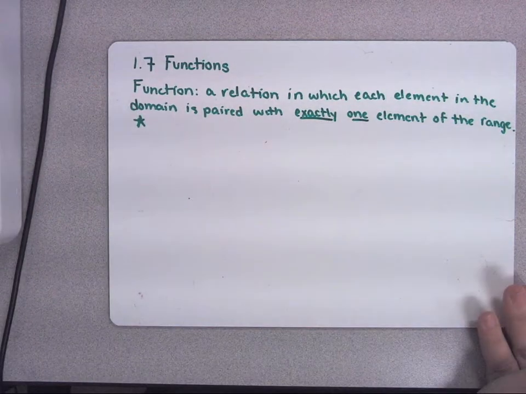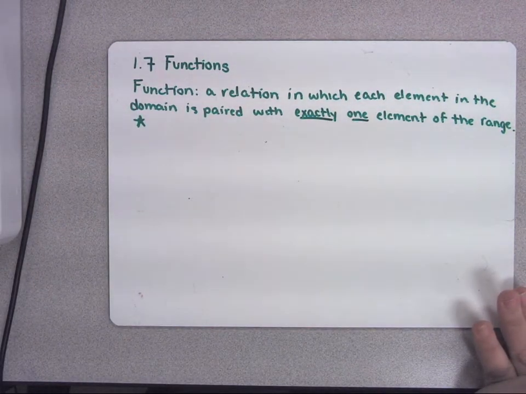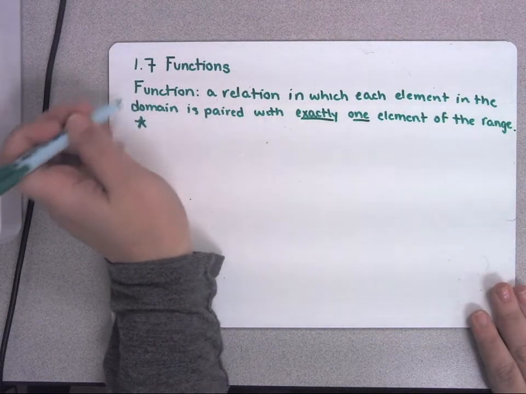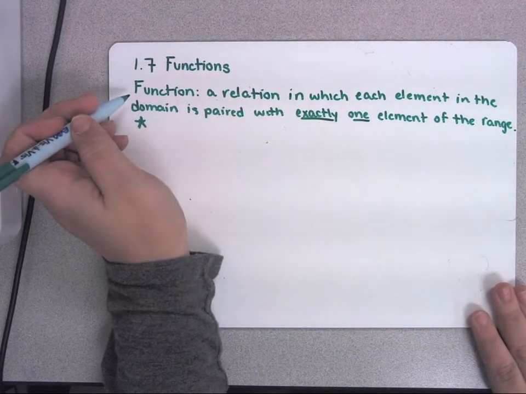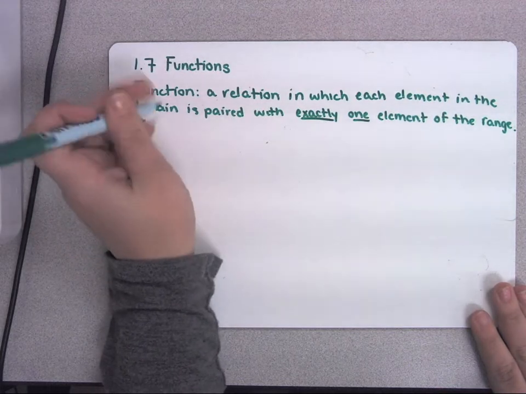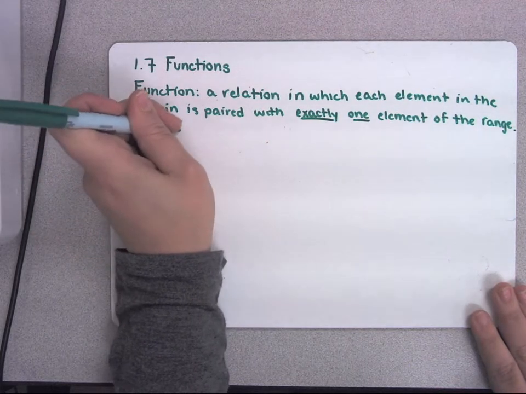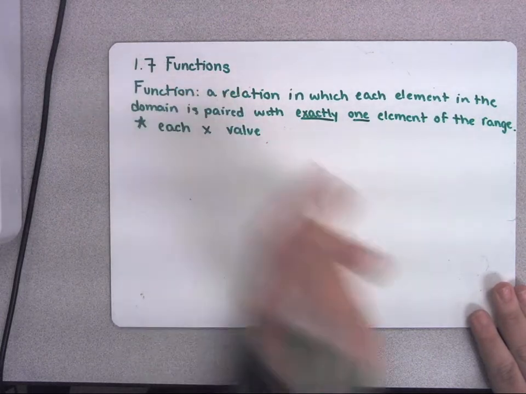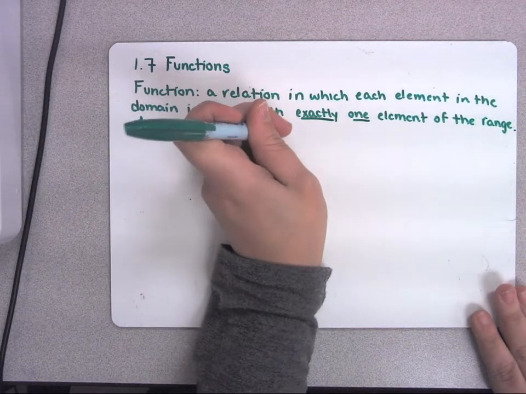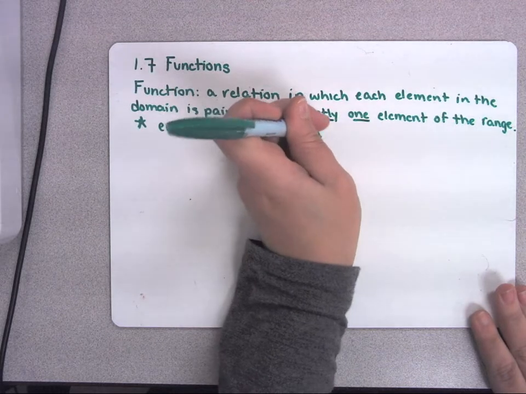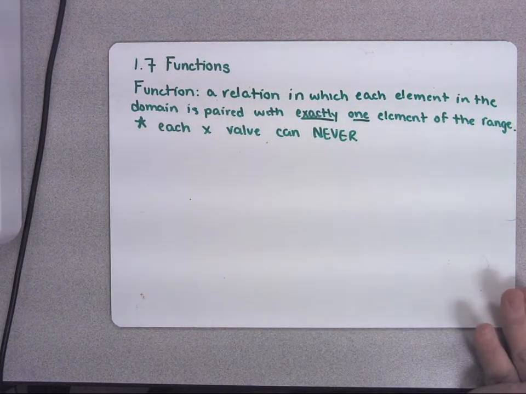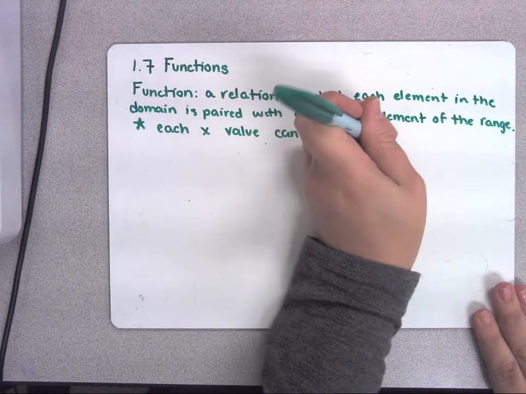Star form, what this really means, to break it down for you: that domain means what letter, X or Y? X, right? That means each X value can never, I'm capitalizing this, repeat.